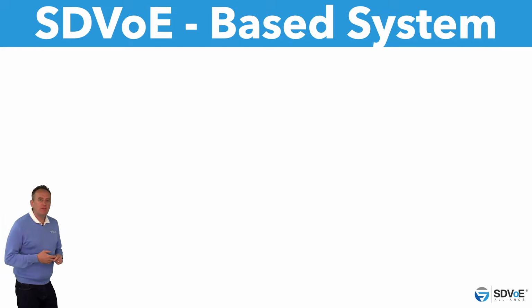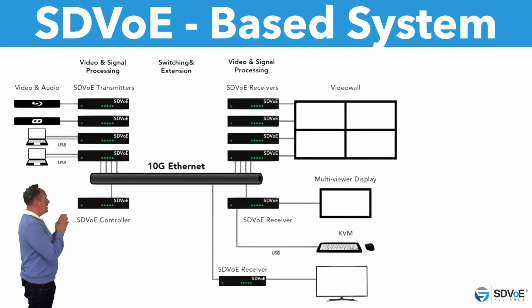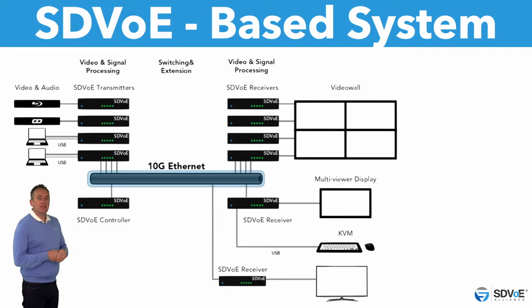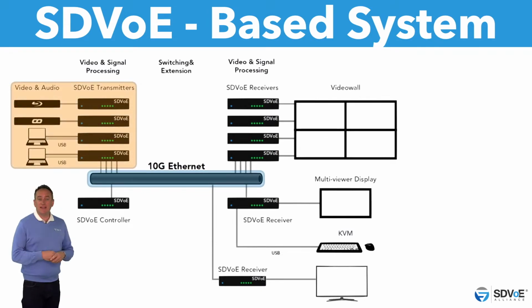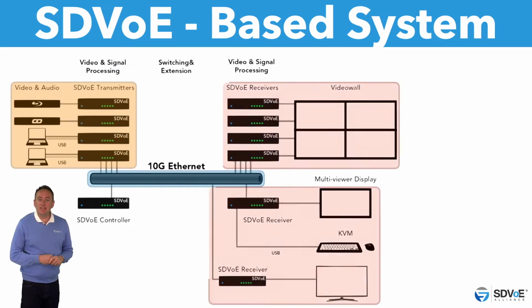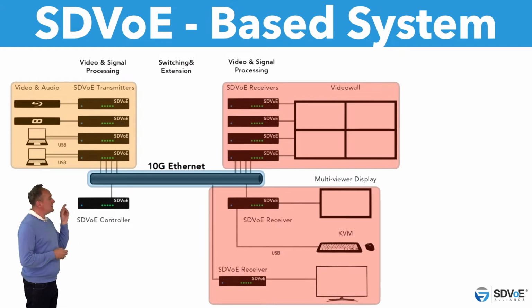Let's remind ourselves of a typical SDVoE topology. A 10 gig Ethernet switch in the centre, SDVoE transmitters or encoders connecting AV sources to the switch, and SDVoE receivers or decoders connecting the displays to the switch.